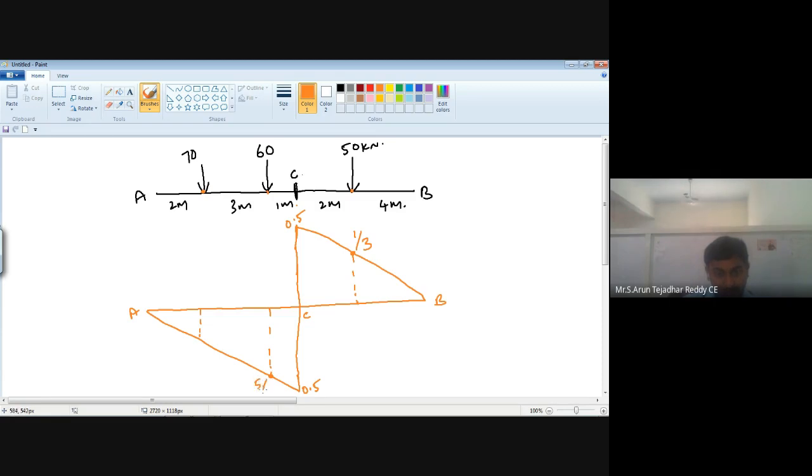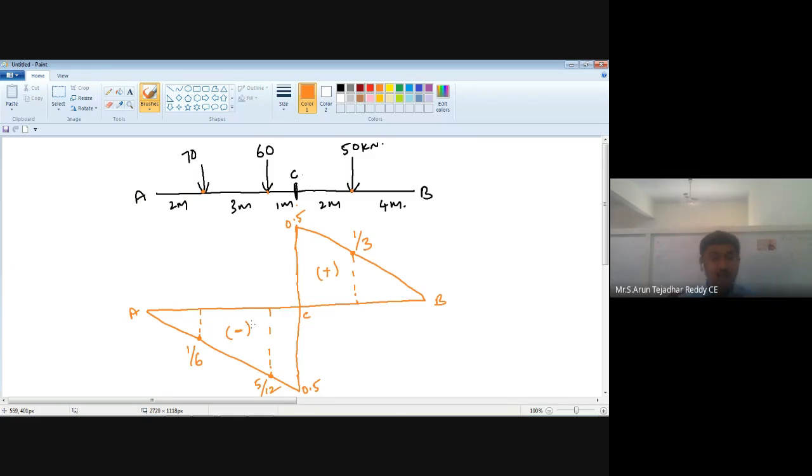Here we got 5 by 12, and here it is x3 value, that we got 1 by 6. Now don't forget about the plus and minus indications.